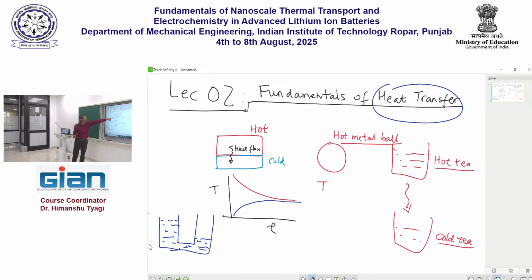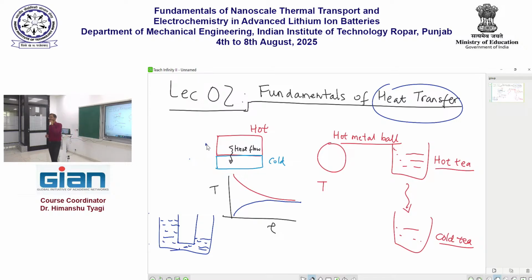This is exactly the same way heat flows as well. The hot body that has a lot of heat will transfer its heat to the cold body that doesn't have a lot of heat until the energy content of the two become equal to each other. So you can see that the flow of heat and the flow of fluids are actually very similar to each other. In fact, we will learn that the equations that govern heat flow are actually very similar to the equations that govern the flow of fluids.